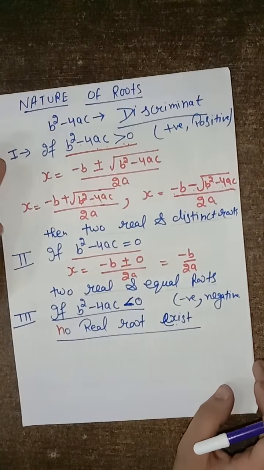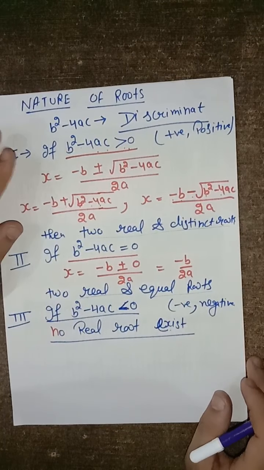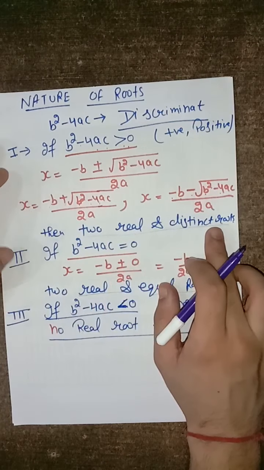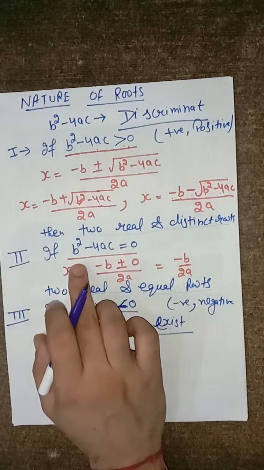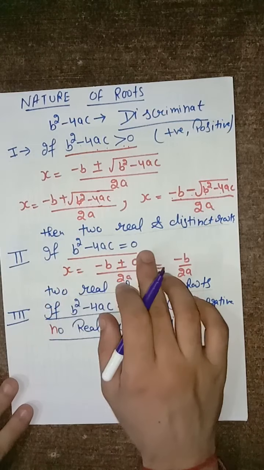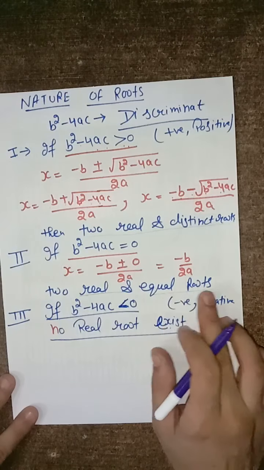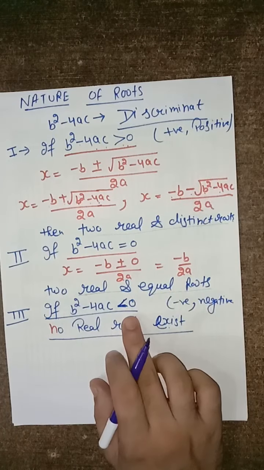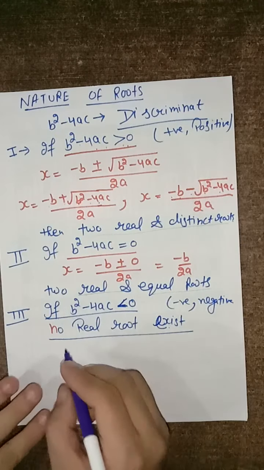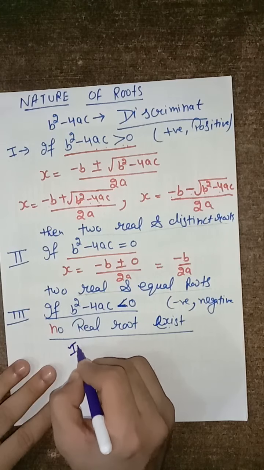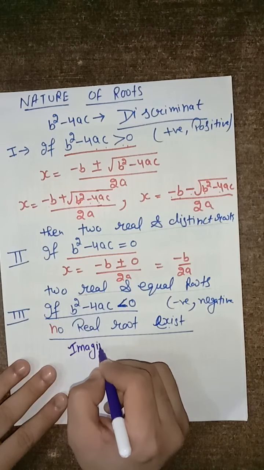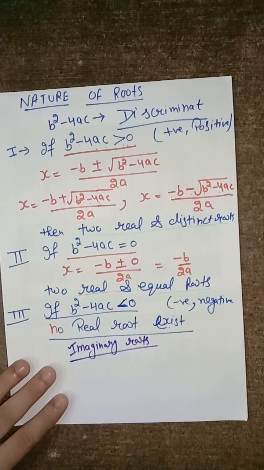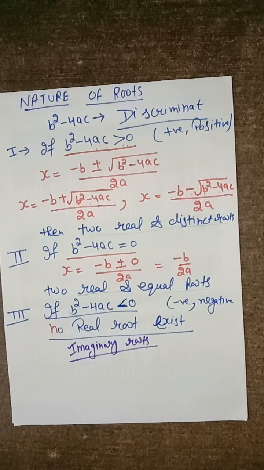Here we have three cases: first, if the discriminant is positive, then we have two real and distinct roots. Second, if b square minus 4ac equals 0, then we have two real and equal roots. And third, if the discriminant is negative, then no real root exists, means there will be imaginary roots. But this topic we will discuss in class 11. Okay students.